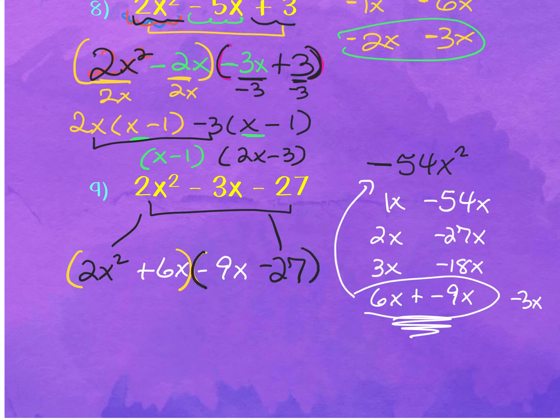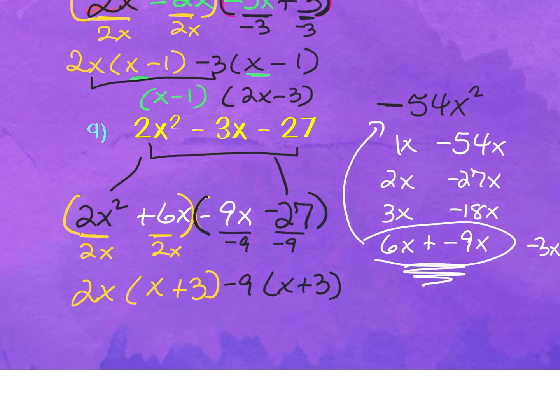So the greatest common factor of my yellow group is going to be 2x. After I divide, I get x plus 3. Now, for the black group, you might be tempted to pull out a positive 9, but again, it won't make that parenthesis match. So I'm going to pull out a negative 9 GCF.